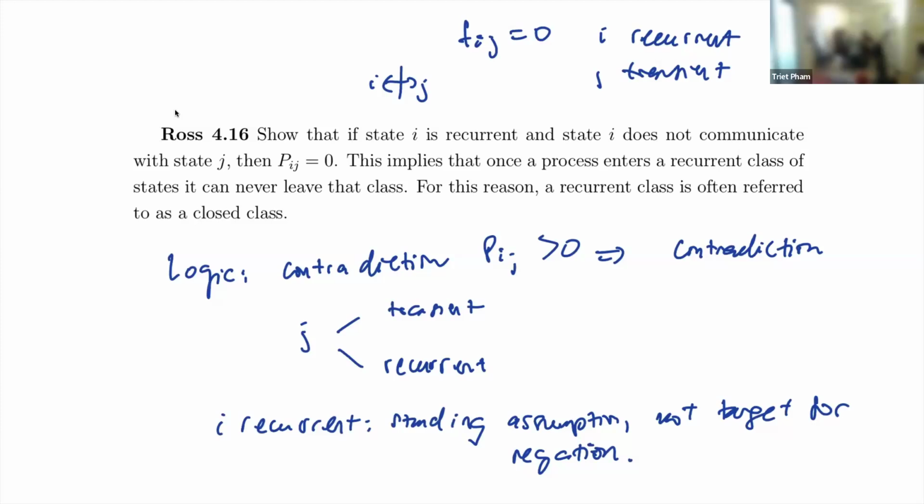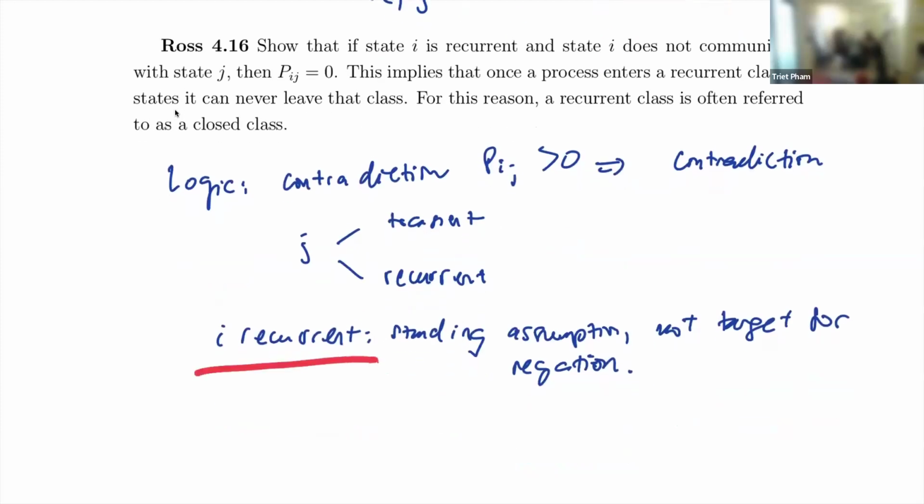Then, if I does not communicate with J, it must imply that I doesn't go to J to begin with, or Pij is zero in one step. That's all it is. So, I recurrent, untouchable. Then, if you have I, J do not communicate, it implies Pij equal to zero. That's it.